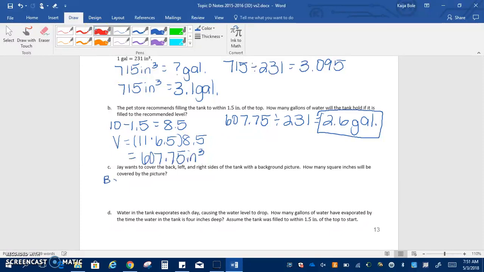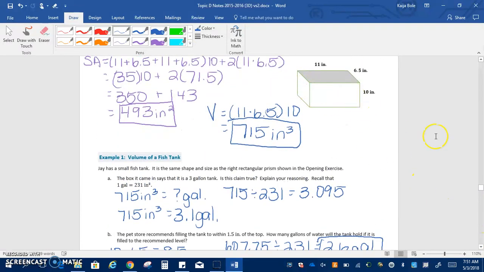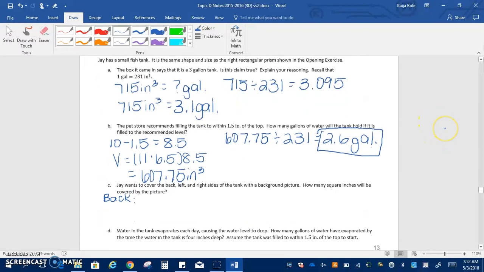So if we're doing the back, if you look back at the picture, if I scroll up here, it'd be the same thing as the front face here. So my dimensions are 10 by 11. So for that area, it would be area equals 10 times 11, which is 110. And then the left and the right are both going to be the same.